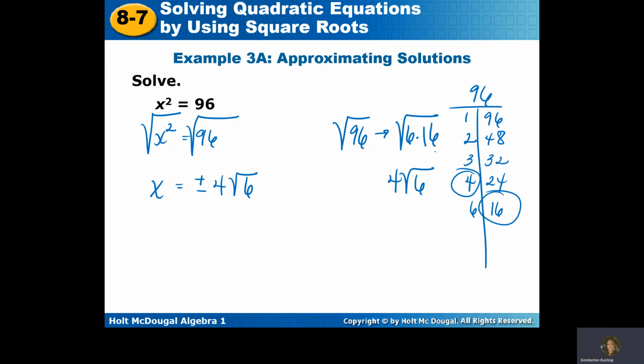Listen, you see the square root of 6. Okay, this is what we have. So this becomes the square root of 6 times the square root of 16. Point blank and period. The square root of 16 is what? 4. Period. Now, the square root of 6 does not contain any more perfect square factors.